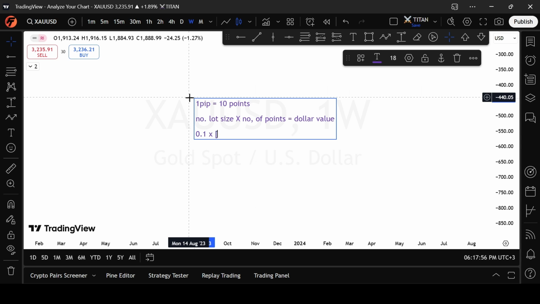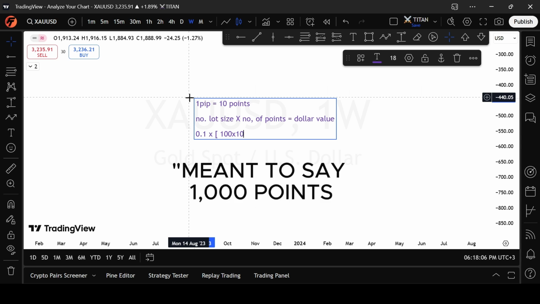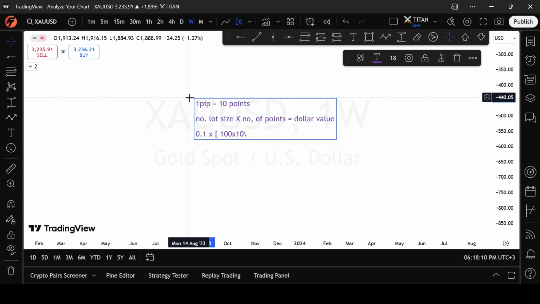Those 100 pips, I'm first going to multiply by 10 so that I can get the points. That becomes 10,000 points. And most of the time that equals $100. That's what you're going to be making.